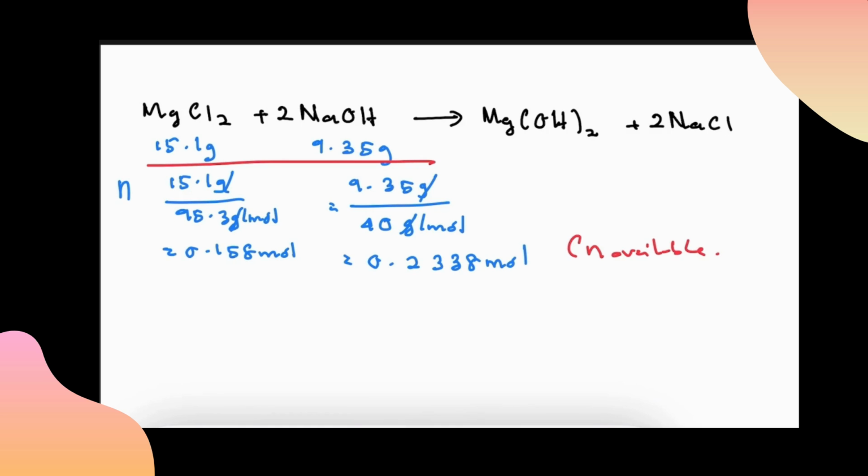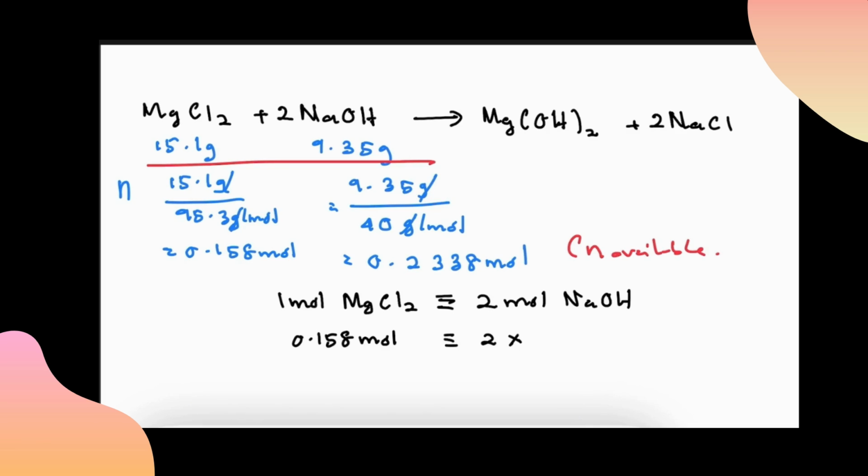Next we need to write a statement according to the balanced equation. 1 mole magnesium chloride is equivalent to 2 mole sodium hydroxide. If we have 0.158 mole magnesium chloride, it means we have 2 times 0.158 mole, which is 0.316 mole.